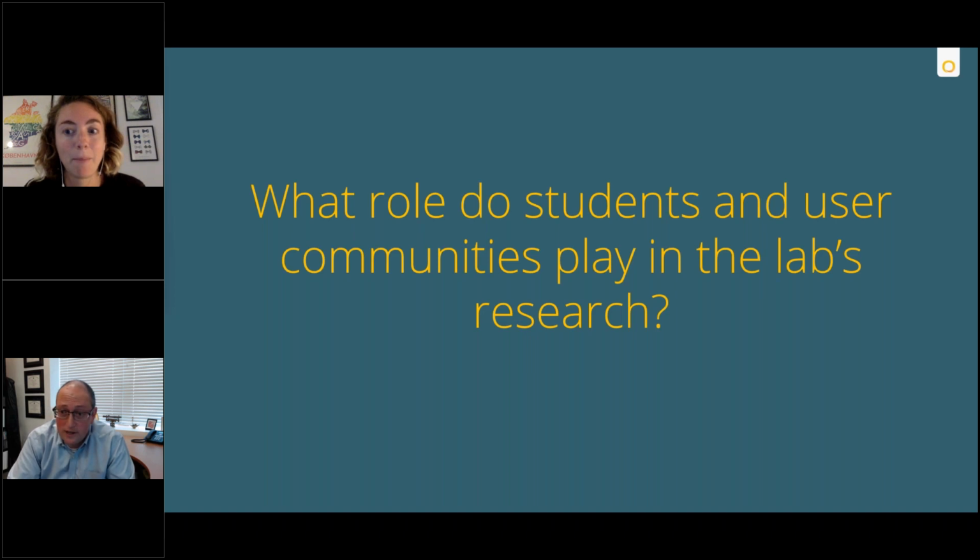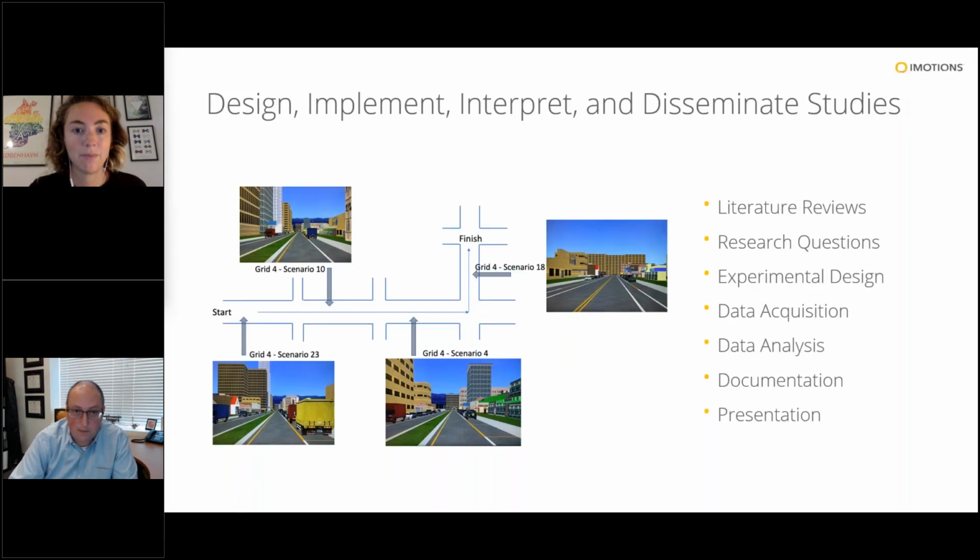Yeah, for sure. And I can't overstate how important students are in our endeavors on the research front. They're the most important people in our laboratory, and they're intimately involved in all stages of our experimentation. So when we think about conducting laboratory investigations, in our group, we tend to start with robust literature reviews.